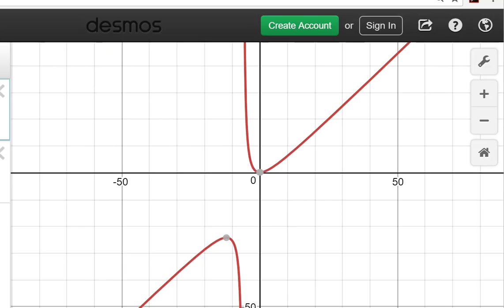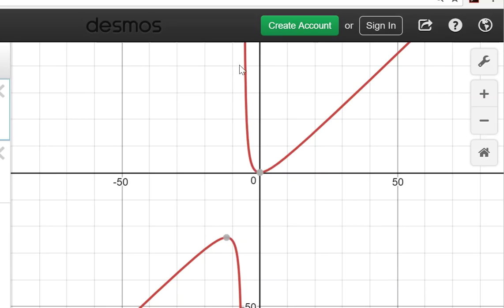So this is probably what your graph looks like right here. You might want to zoom out so you can see the full graph, but you'll see that there are two parts to it. You'll see this one up top and then this one at the bottom. Now these aren't just regular parabolas as we might have thought with the squared, but a couple things I want you to notice.